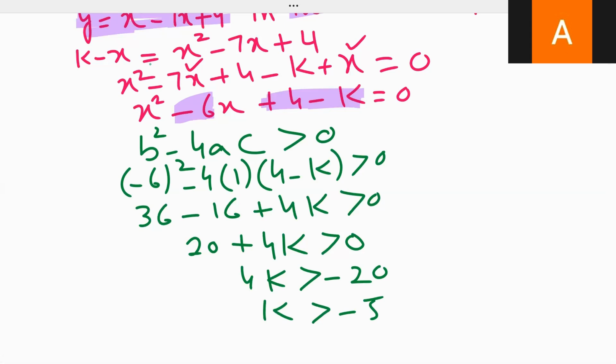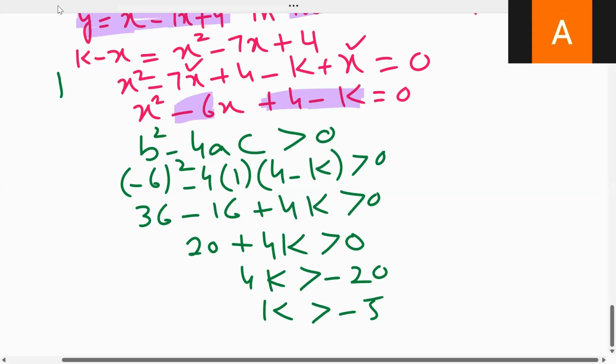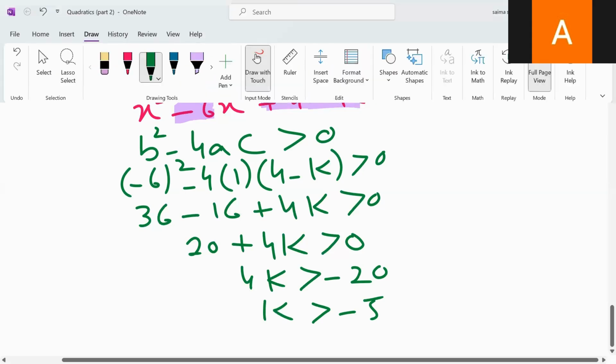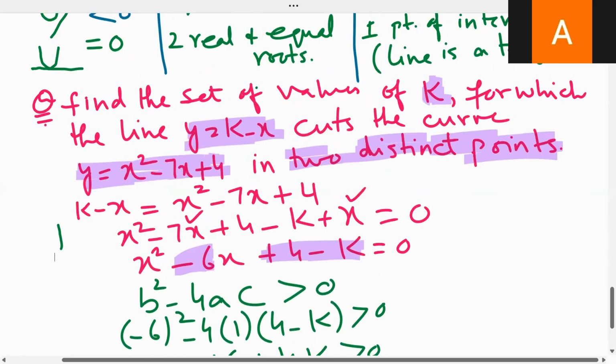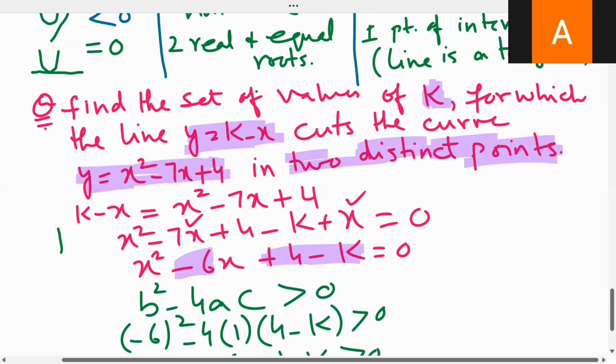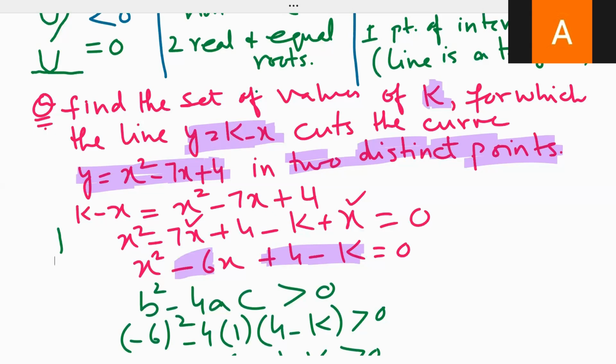You can get various conditions in different questions. There will be variations like this. Instead of two distinct points, it may be written that the curve does not meet the line, or the line does not meet the curve, or the line is a tangent to the curve.